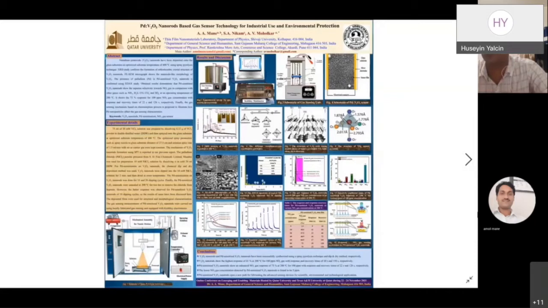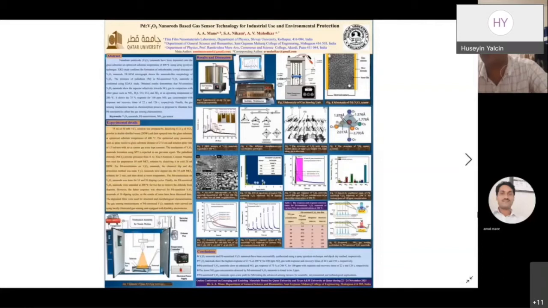The V2O5 nanorods show the highest response of 41% at an optimized operating temperature of around 200 degrees Celsius for 100 ppm NO2 gas, with response and recovery times of 20 seconds and 150 seconds respectively. Whereas for the Pd-sensitized V2O5 nanorods, an enhanced NO2 gas response of 75% is observed at an operating temperature of 200 degrees Celsius for 100 ppm NO2 gas concentration, with response and recovery times of around 22 seconds and 126 seconds respectively.